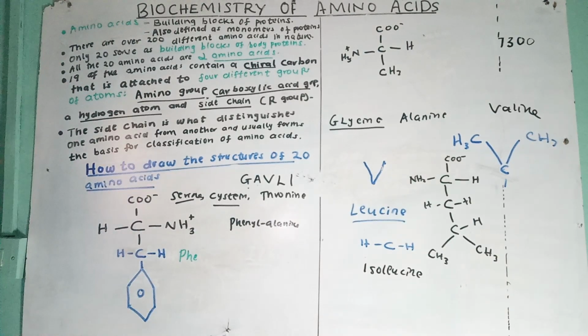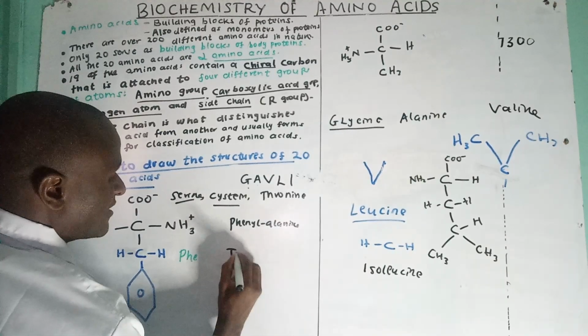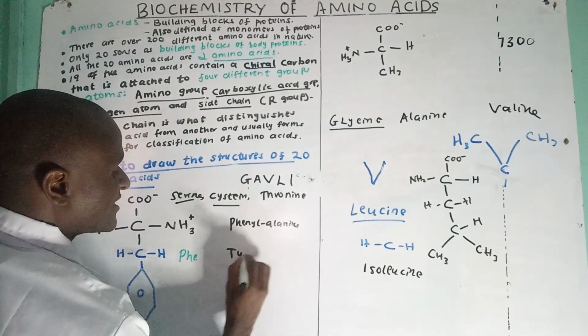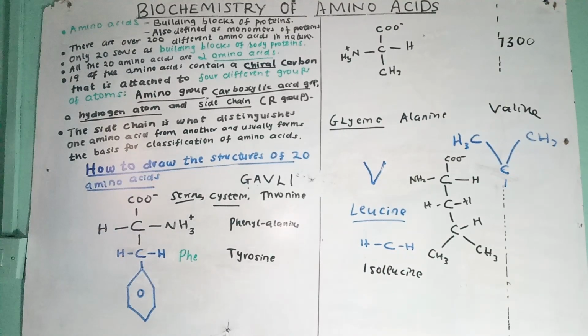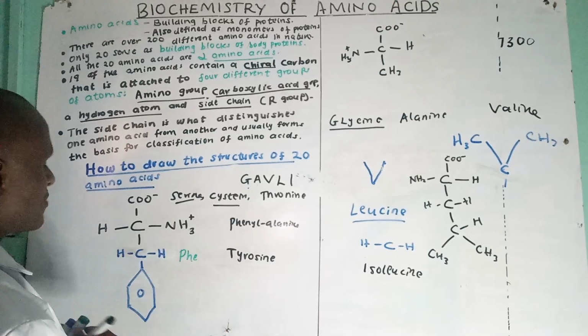We go to the next amino acid, which is tyrosine. This is phenylalanine. Tyrosine is phenylalanine that has got a hydroxyl group.